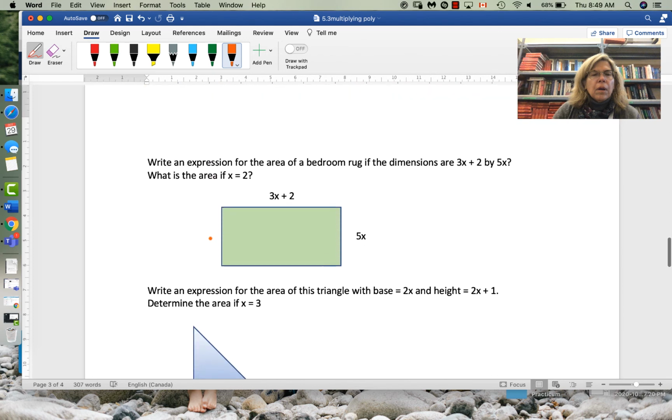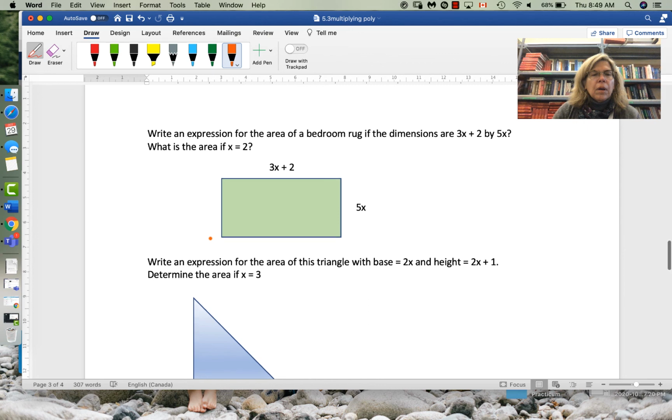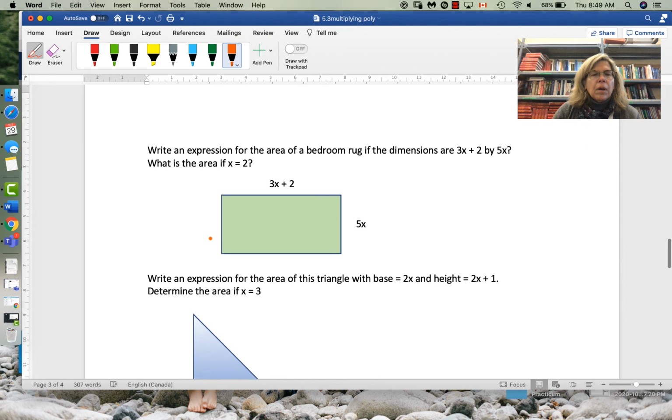Now, here's the fun way to use these. You can apply them in word problem settings, and that makes it more interesting. So it says, write an expression for the area of a bedroom rug if the dimensions are 3x plus 2 by 5x. And so I put it on the picture for you here. So here's one side is 5x, one side is 3x plus 2.